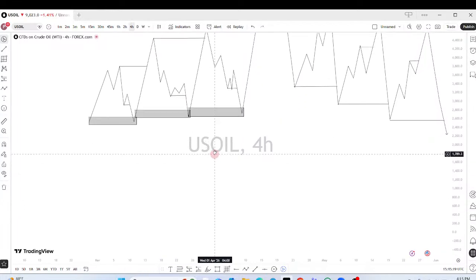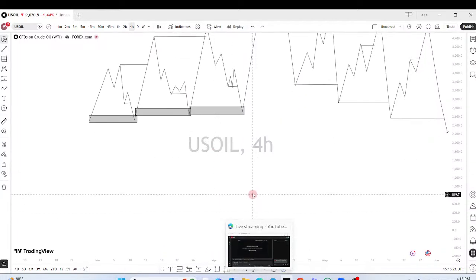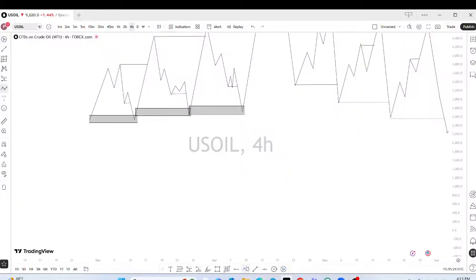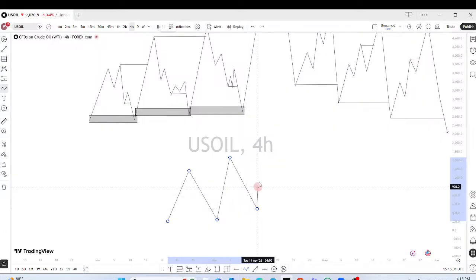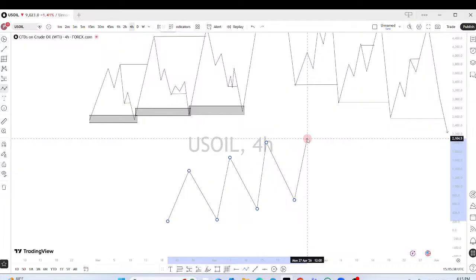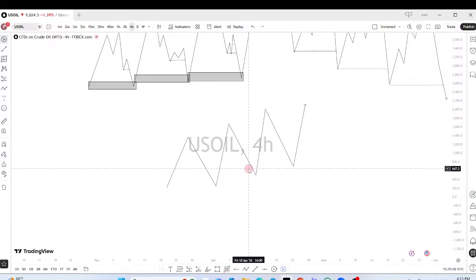On a chart where you see something like this, if you come on the chart and you see price creating something like this, higher high, higher low, higher high, you see something like this.